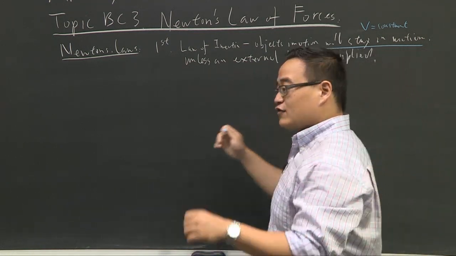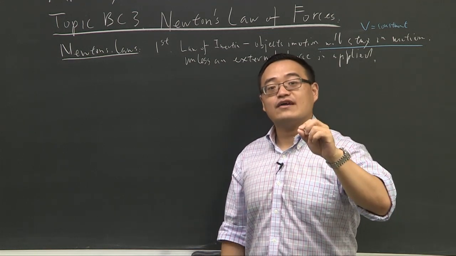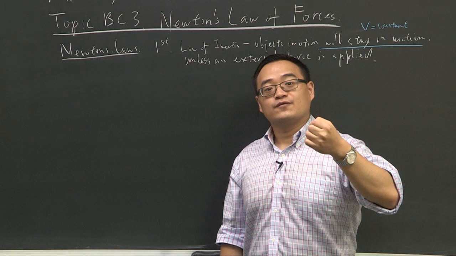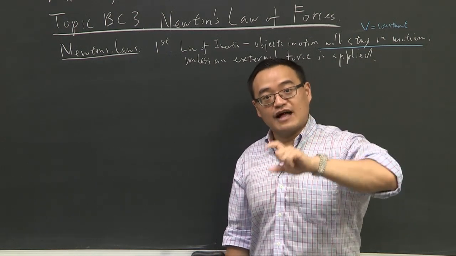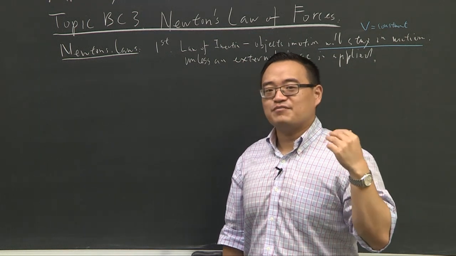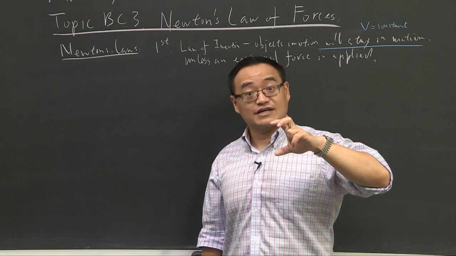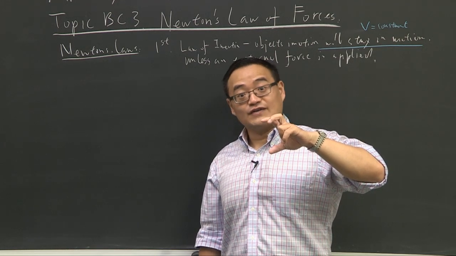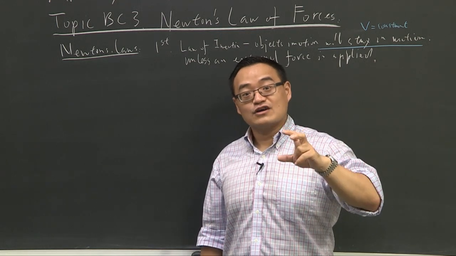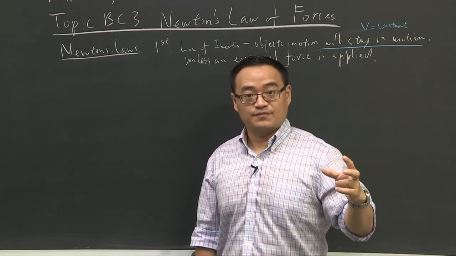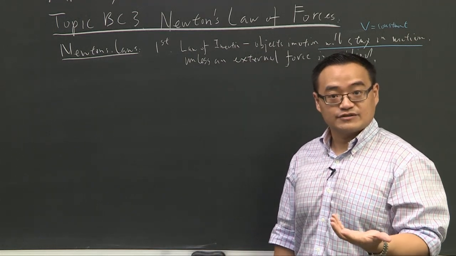So an object in whatever motion it is will stay in its course of motion unless an external force is applied. Applying an external force to an object implies that it will change the course of motion, or change the velocity. In other words, if you apply a force to an object, you will have acceleration, because change of velocity is equivalent to acceleration.